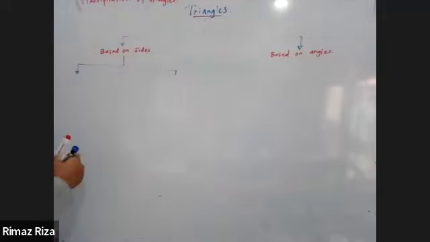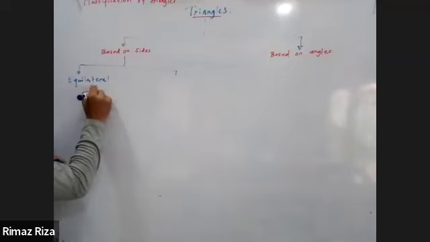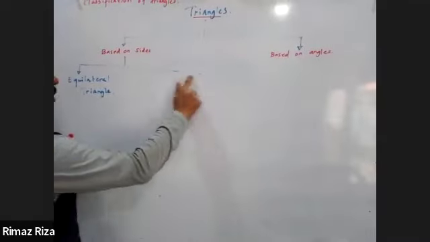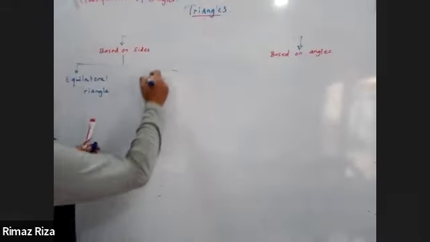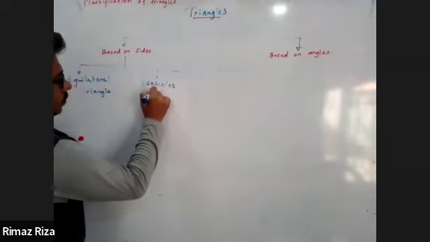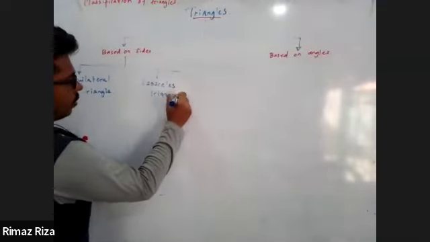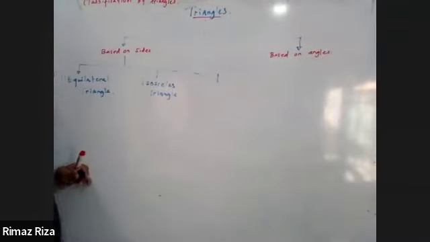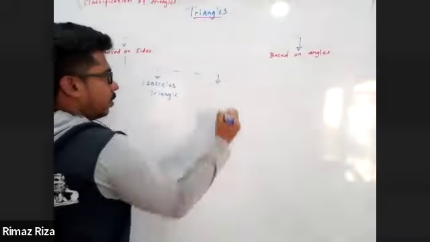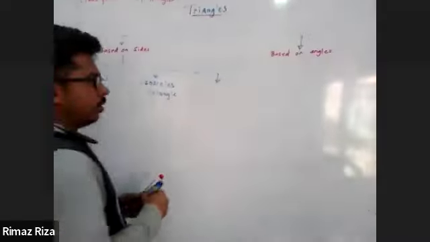Equilateral. Very good. Is this Umar? Yes, sir. Okay. Equilateral triangle. And if only two sides are equal, what do we say? Isosceles triangle. If no sides are equal, what do you call it?